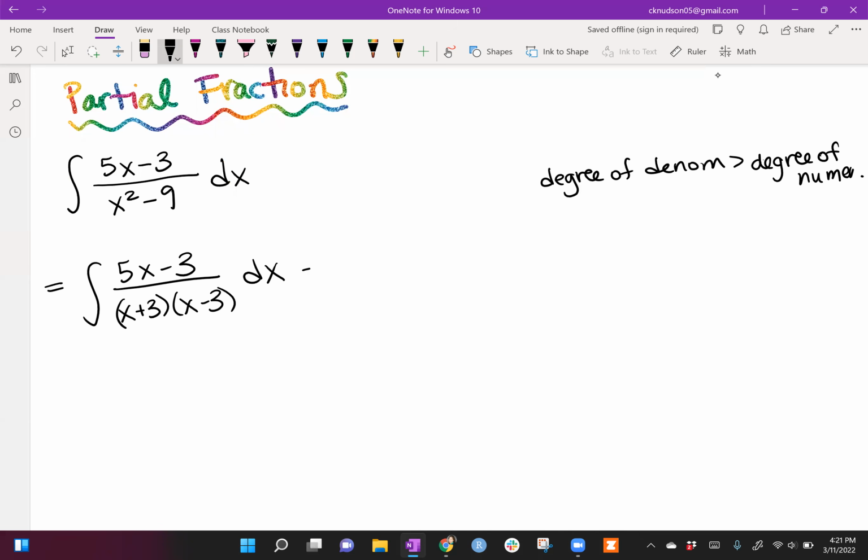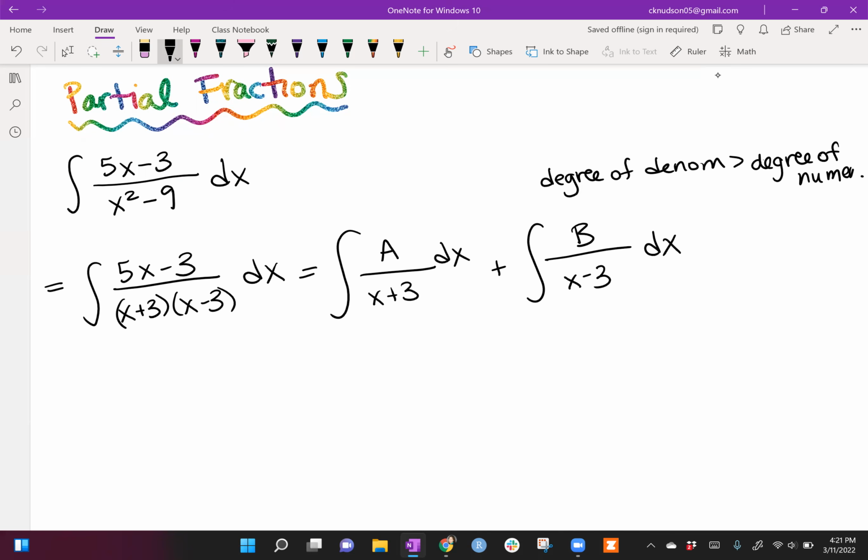Now we're going to rewrite this as A over x plus 3. We're going to integrate that, and then we're going to add on B over x minus 3 and integrate that. The question is, what's A and what is B in order for this to work out?